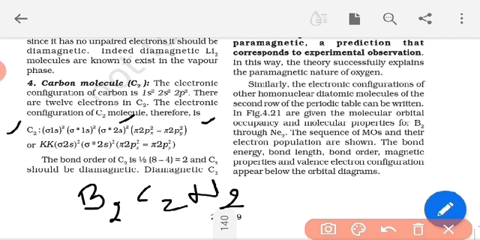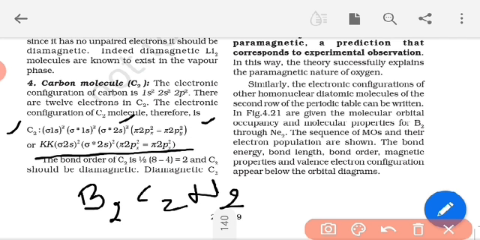Now since the carbon molecule contains 12 electrons, the configuration is sigma 1s2, sigma star 1s2, sigma 2s2, sigma star 2s2, pi 2px2 and pi 2py2. Or it can also be written as KK sigma 2s2, sigma star 2s2, pi 2px2, pi 2py2.